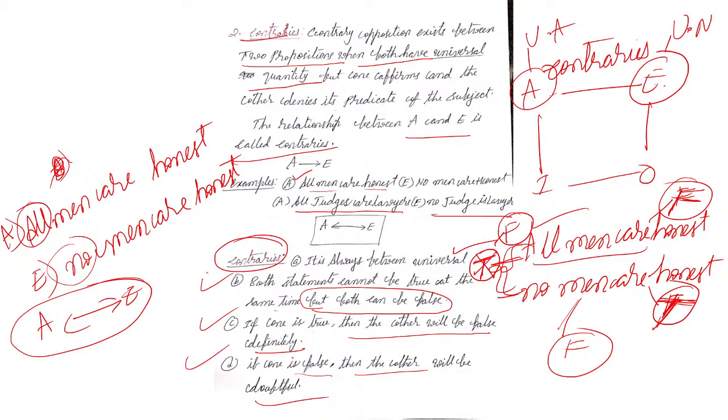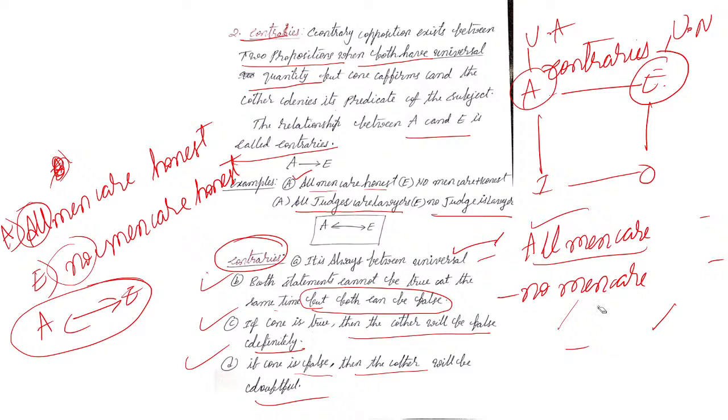If one is false, then the other will be doubtful. Suppose this is false. We cannot say anything if it is false. Suppose all men are honest is false, then I cannot say anything about this.